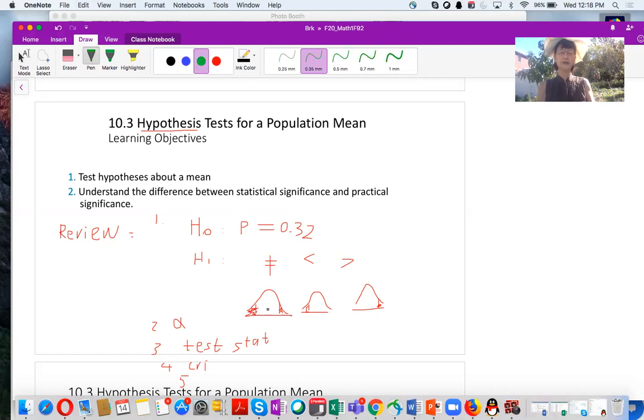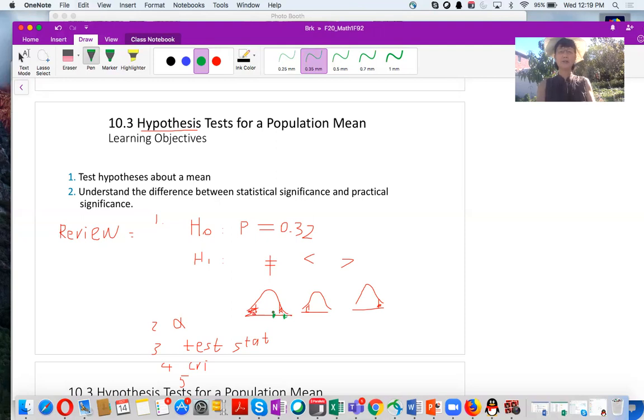If your test statistic is inside the rejection region, you reject H0. If your test statistic is not in the rejection region, you fail to reject H0. So those are the 5 steps of the classical approach to conduct a hypothesis test.